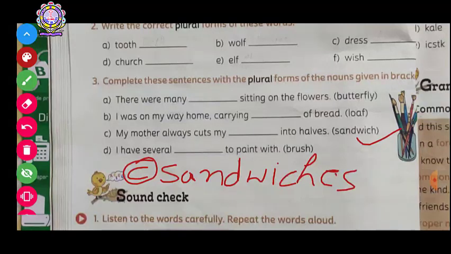S-A-N-D-W-I-C-H-E-S. Sandwiches, isn't it? Alright. Are you able to see?